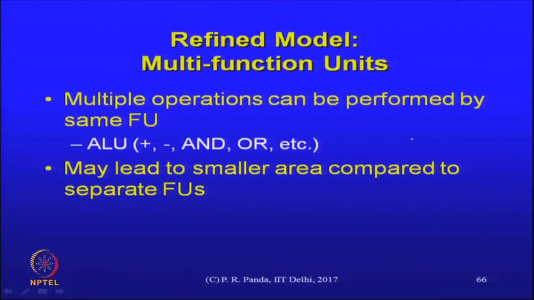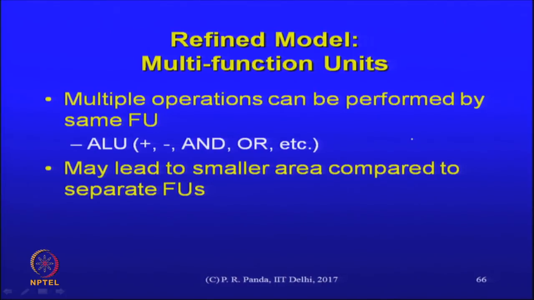There could be multi-function units. Instead of assuming that every operation type, which is derived from the HDL, you wrote a plus or a minus or something like that, translates to some resource type, we could have a more complex resource type that is capable of implementing more than one operation type.